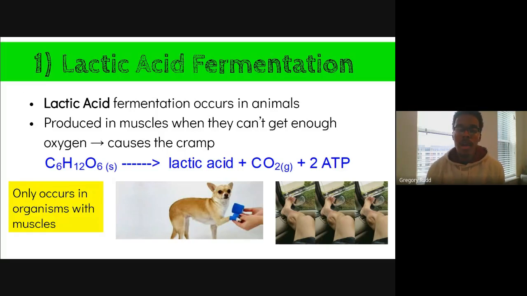And when our muscles aren't able to get enough oxygen, they start to do this lactic acid fermentation, which means that they're doing anaerobic respiration. They're not using oxygen to make ATP. In addition to making ATP, they're also making lactic acid. And that lactic acid builds up inside of your muscles and it causes cramps.